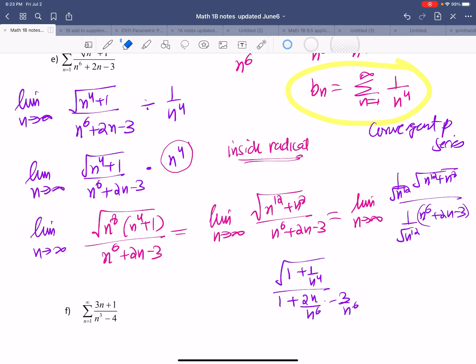When n goes to infinity, all the terms with n in the denominator go to 0. So this limit turns out to be equal to 1.